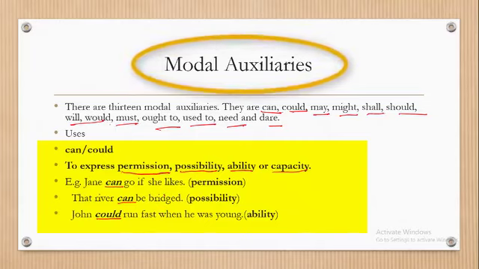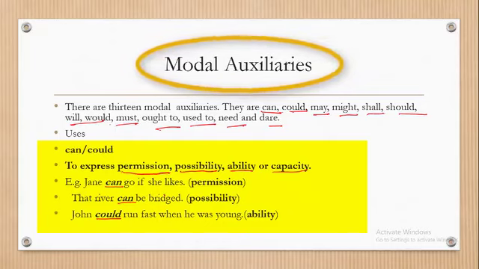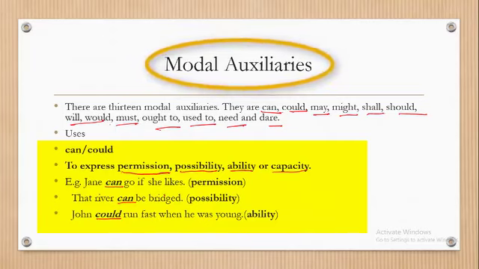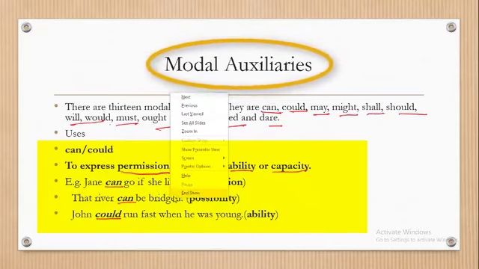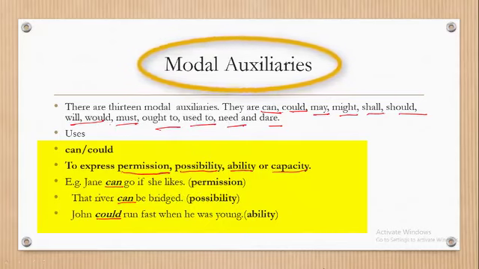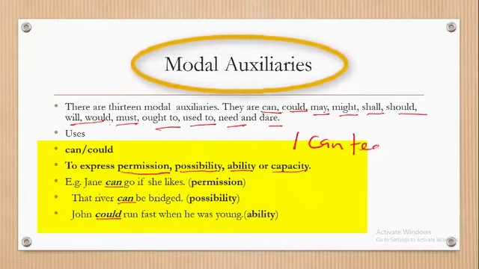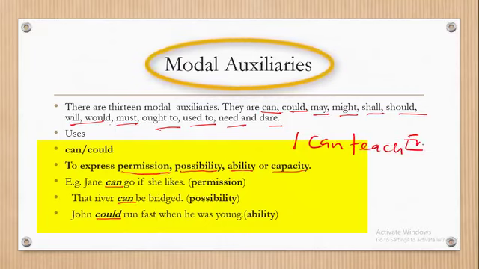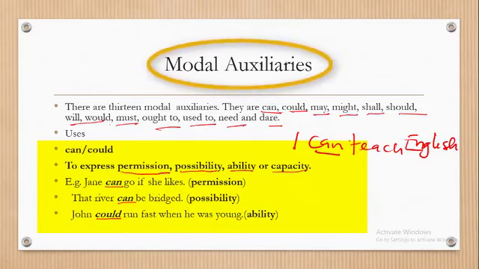Now we can also consider other examples. For instance, on this use of can and could to express ability, I can say I can teach English. Now let me put that down. I can teach English. Now the can here is expressing ability.